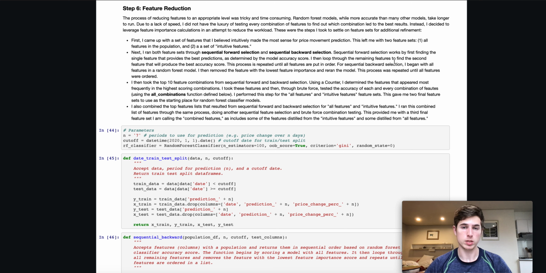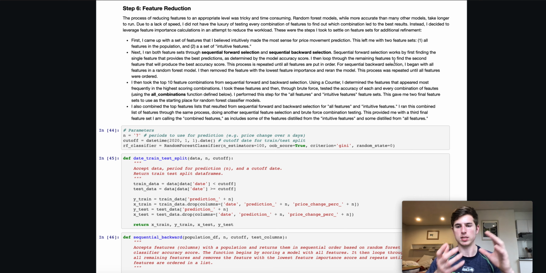For sequential backward selection, it's kind of the opposite. We want to remove features one at a time, removing the one that is going to be least useful. So we look at all of our features, then subtract each and every one, and we move forward with the model which has removed the feature that had the least impact, or in any case, the one that had the worst score in terms of accuracy of all of the models tested.